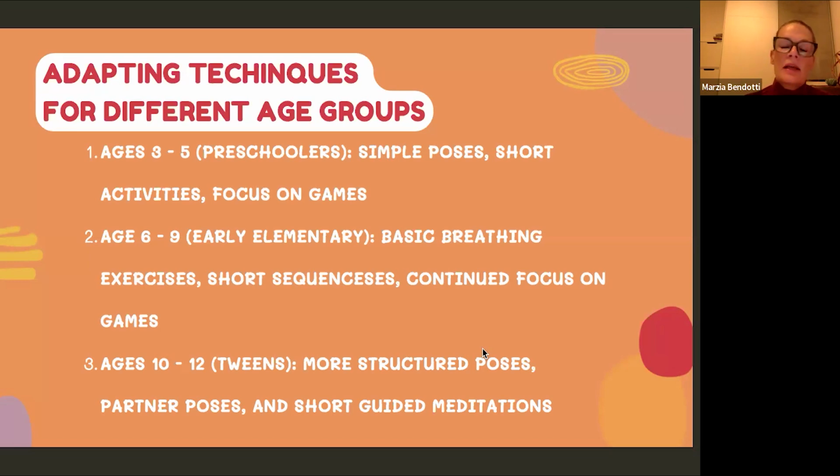Okay, focus on poses that are easy to remember, that are easy to do with their body, like tree pose, cat pose, downward dog. Preschoolers have really very short attention spans, so keep activities brief and filled with playful elements.